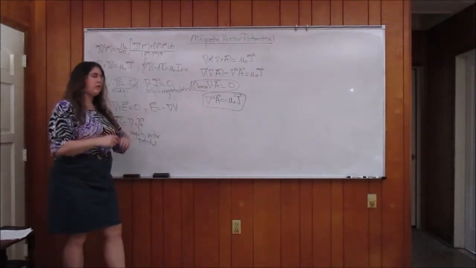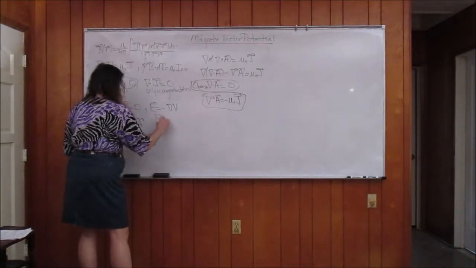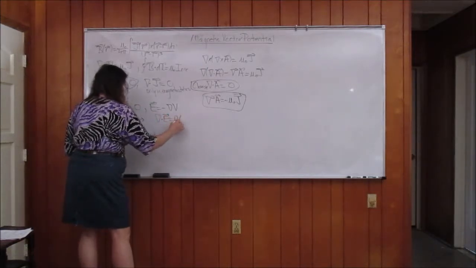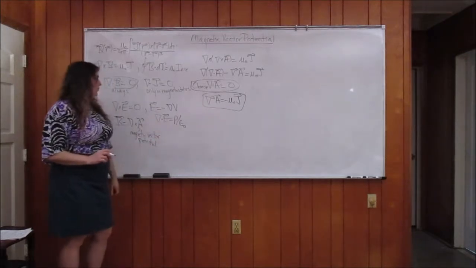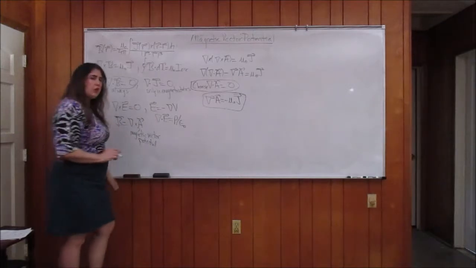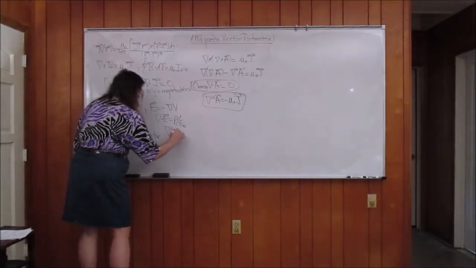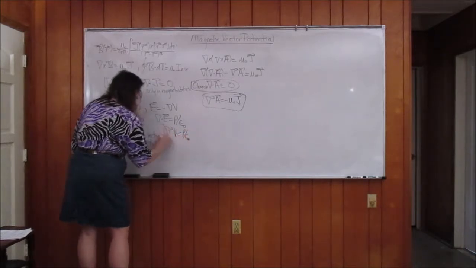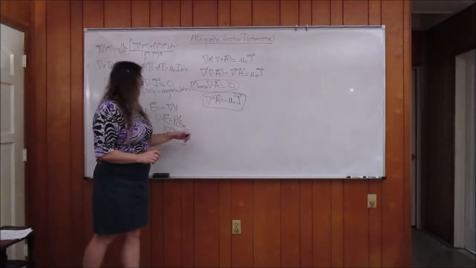Now, again, going back to electrostatics, it is also true that the divergence of E is equal to volume charge density over epsilon naught, and combining these two, you have the Laplacian of V is equal to minus the volume charge density over epsilon naught.